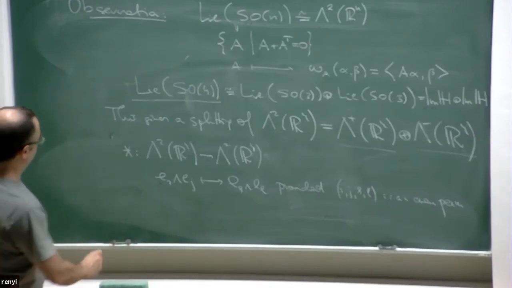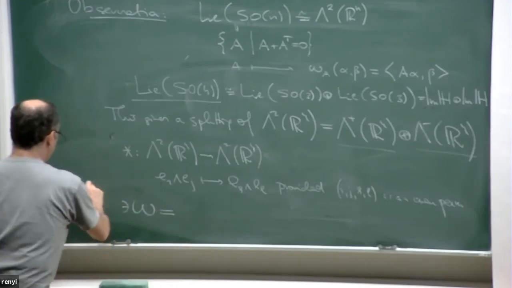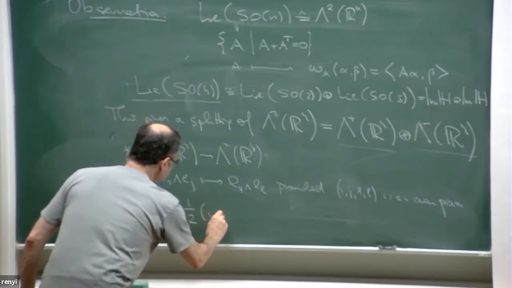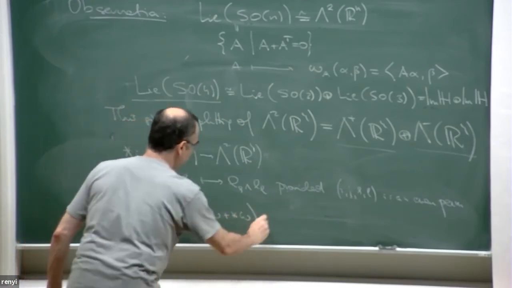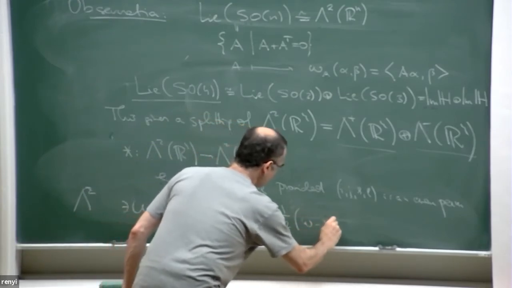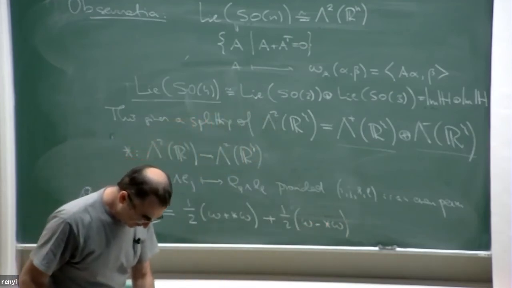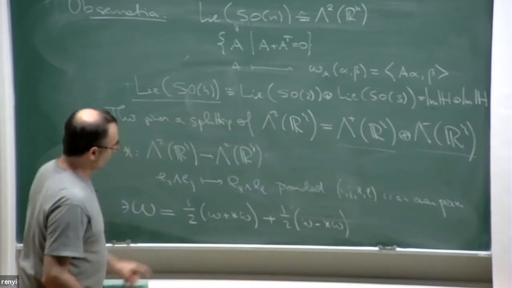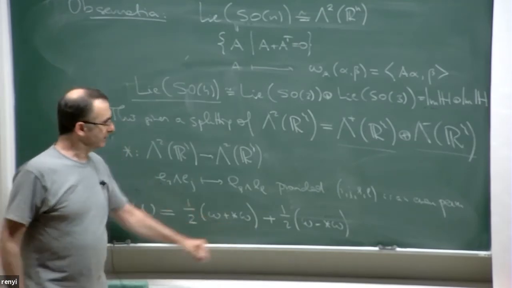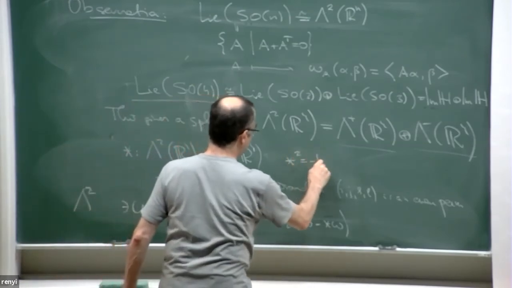And then lambda plus, and then any element omega in lambda 2 can be decomposed as a sum, if I'm not mistaken, yes. These are the guys, omega plus star omega, which will have the property. It's not very hard to see that star squared is the identity.